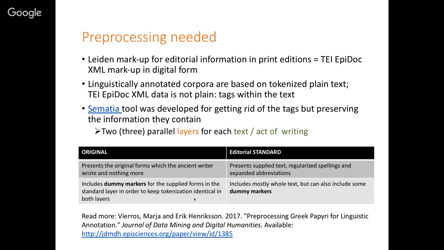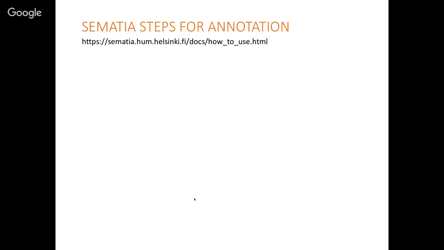And for this tool, you can read more in this article that's also linked in the Sunoikisis outline of this class. But I have quickly gathered here in these slides the basic steps for getting the papyri into this annotation phase. And it's also in the how-to-use guide in Semantia.